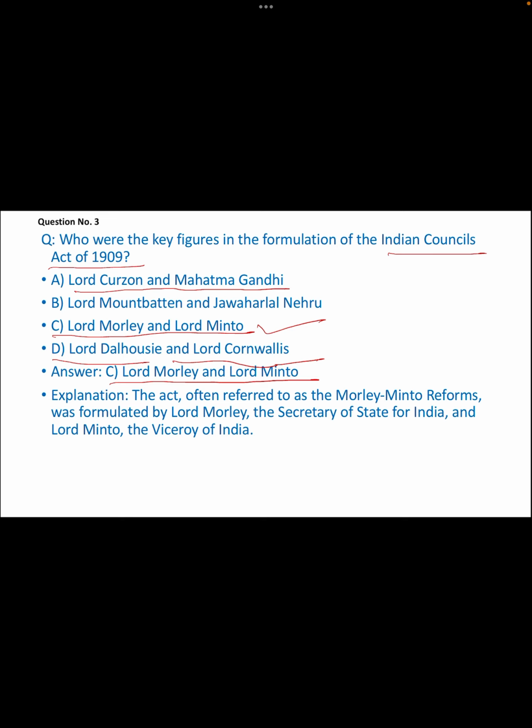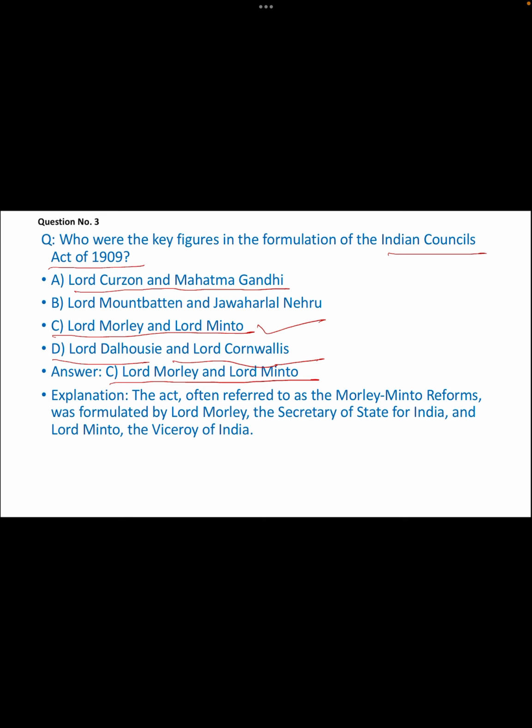Lord Curzon was the Viceroy of India between 1899 and 1905, and he is known for his controversial decision to partition Bengal into two provinces. So it was Lord Curzon who started this controversy.